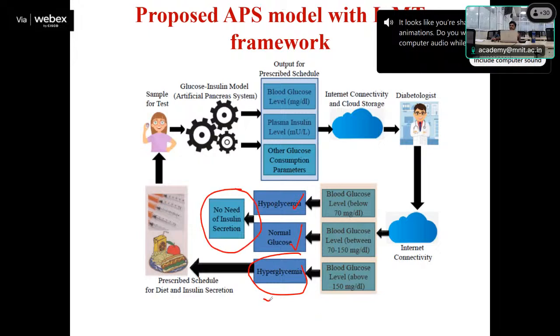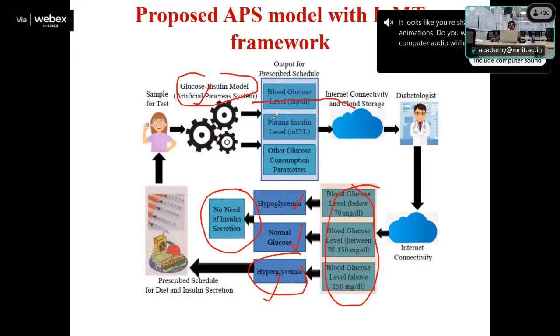But if it is hyperglycemia, where the body has a high blood glucose value, then you need to think about the role of the insulin pump, where a glucose insulin model is developed as an artificial pancreas system, and that system will help us inject the insulin inside the body. Again we will measure the body blood glucose value, and observe that if it is below the hyperglycemia stage, then we need not go for insulin.